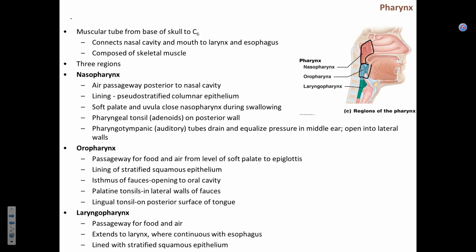Oropharynx, which is now respiratory and digestive, so the coverage is stratified squamous epithelium. And the laryngopharynx, which is also part of both digestive and respiratory systems and also has stratified squamous epithelial lining. Does that make sense so far?